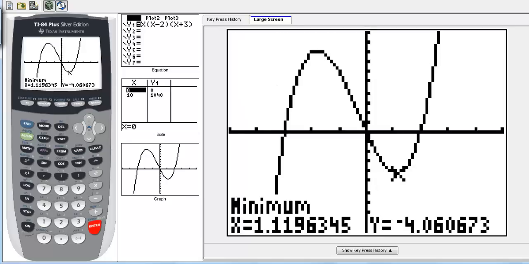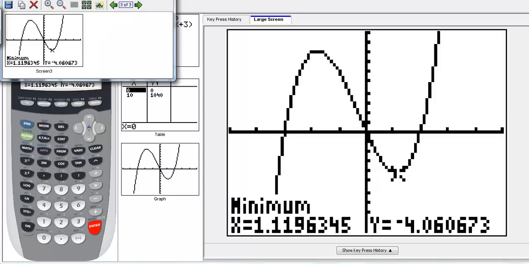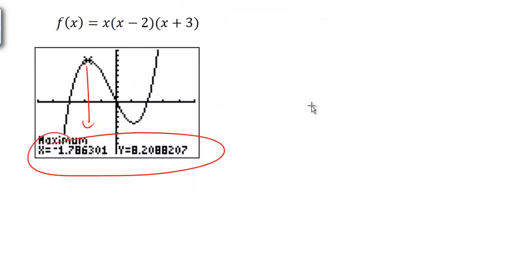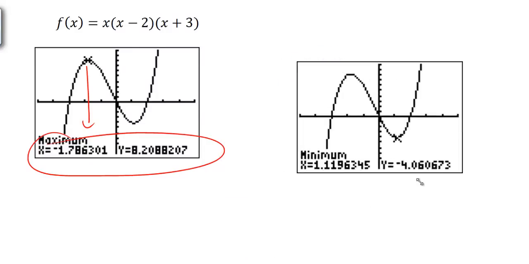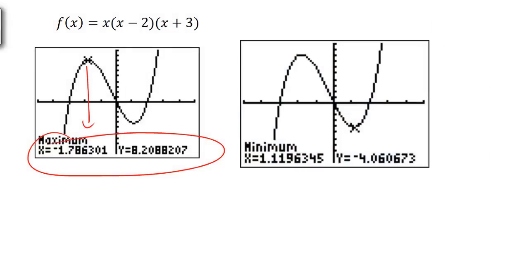And notice here we get 1.11 or 1.12 and a negative 4.06. So here we end up with our relative minimum. So there's your answer.